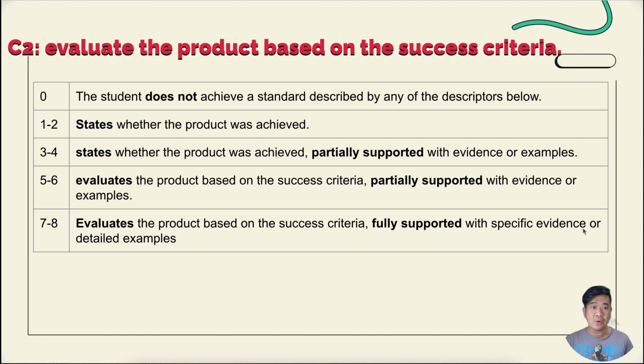So make sure that what you have said in your evaluation, you are able to show. Don't just say something and then be unable to show what you determined in the evaluation. It is very dangerous for 5, 6 and 7, 8 if you are unable to fully support what you have said in the report. So be careful with that.